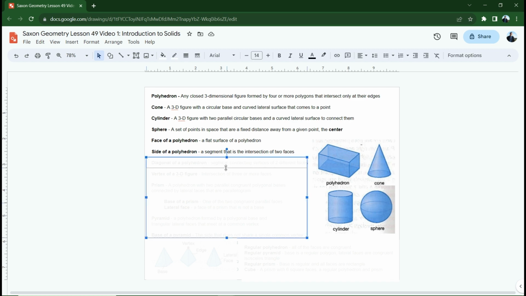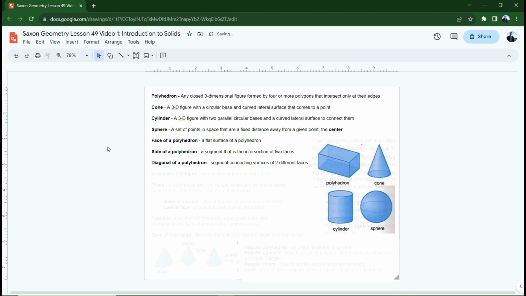The diagonal of a polyhedron connects vertices of 2 different faces. So if I were to connect this vertex up here with this vertex way in the back inside the shape down on this bottom corner, I connected this top one and then ran this line inside the polyhedron to this vertex back here, that would be a diagonal.